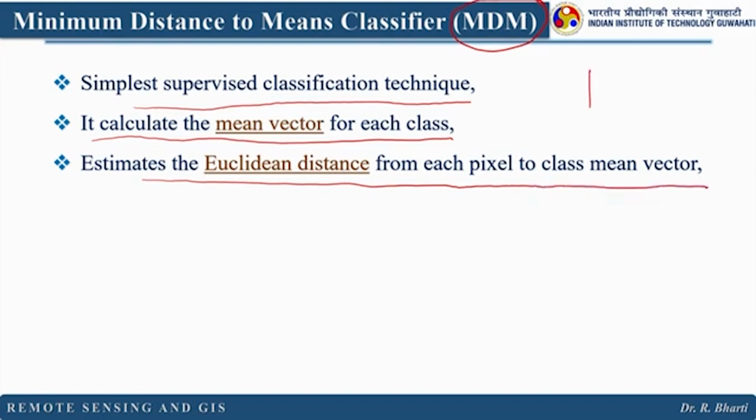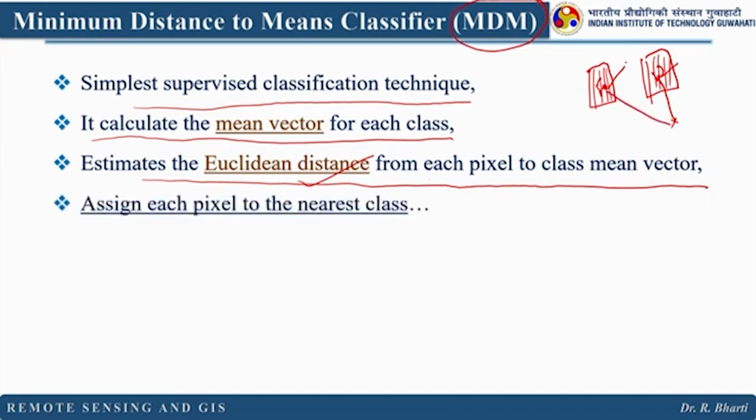So in case you have given 2 training data sets, one for forest and another for water, then we will calculate the mean vector of each, because there will be too many pixels. So you can find the mean vector here and here. Then for an unknown pixel, we have to find the Euclidean distance from the pixel to each class mean vector, and whichever is nearest, the pixel is assigned to the nearest class.